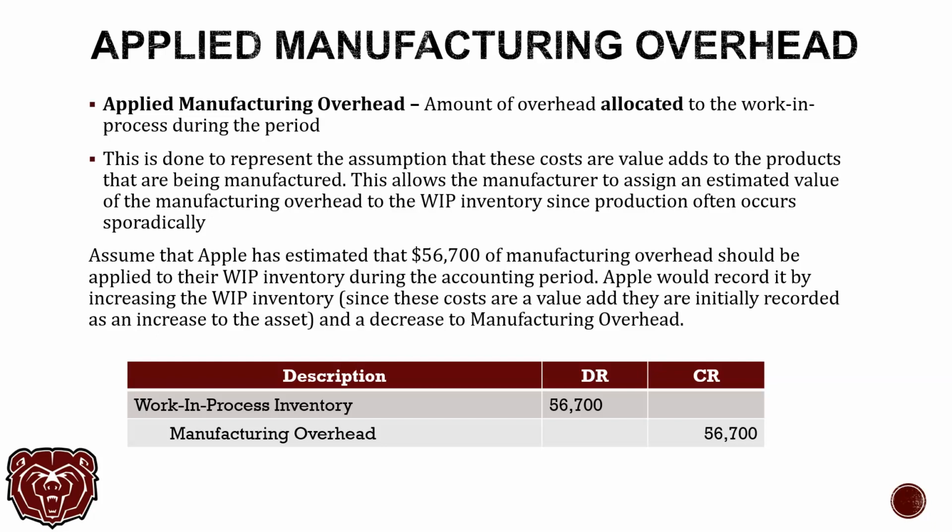So I think it'll make a little more sense, it'll be a little more clear if we just look and see this example here. It's going to tell us that Apple has an estimated $56,700 in manufacturing overhead that should be applied to their WIP inventory during the accounting period. We would record it by increasing the WIP inventory right here. So the work in process inventory, remember inventory, that's an asset, so we're debiting it here. That's going to increase the value of this work in process inventory.